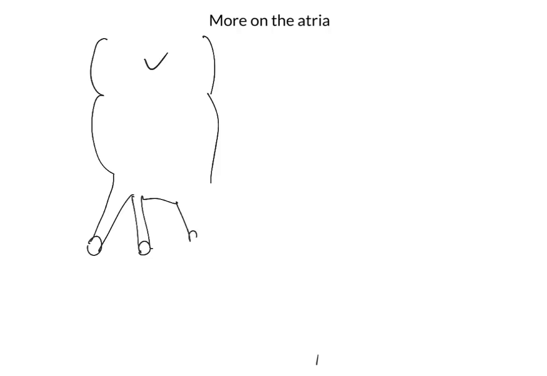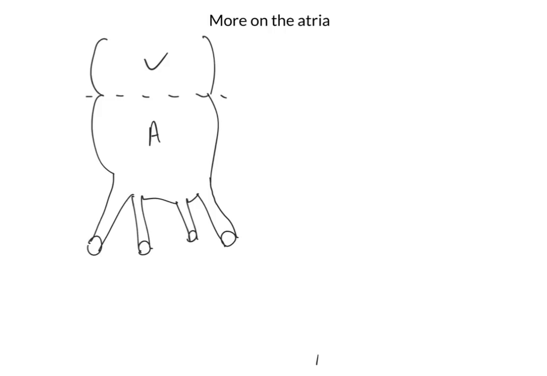So we've got our primitive ventricle here, we've got our primitive atrium here, and then we've got the veins of the sinus venosus just here. So to label that, we've got ventricle, then we've got atrium just there.